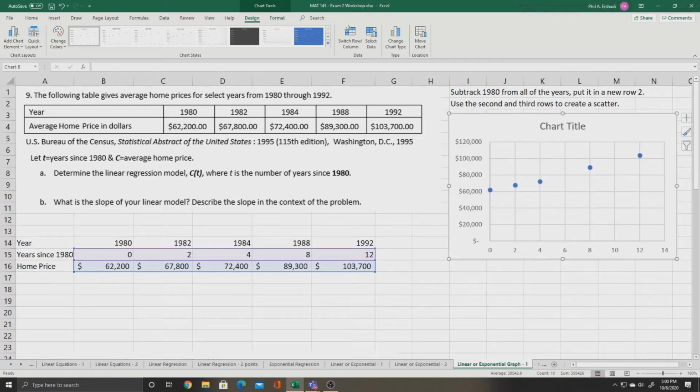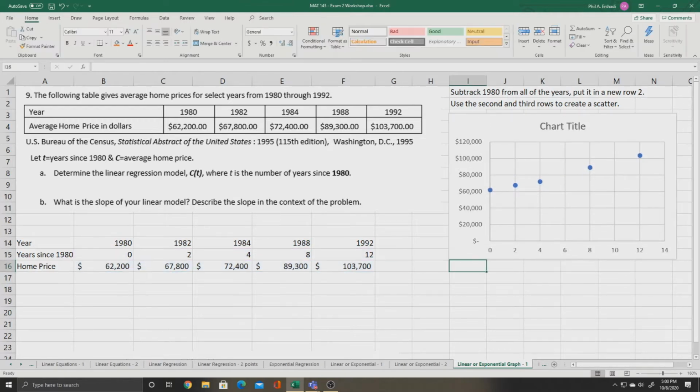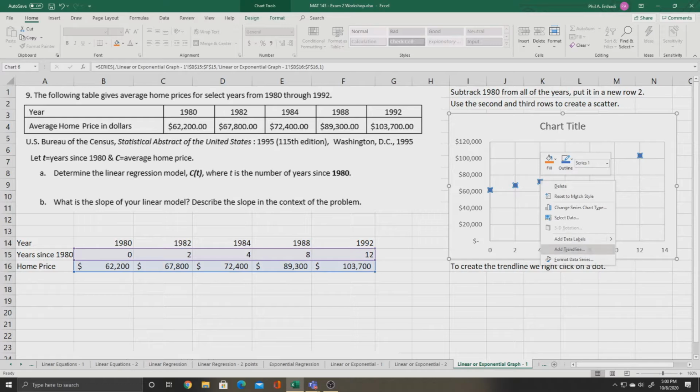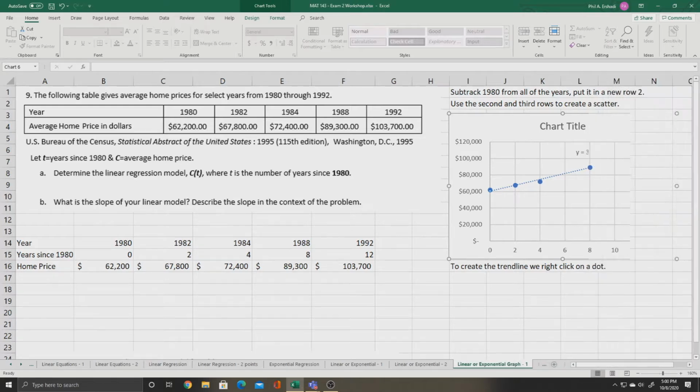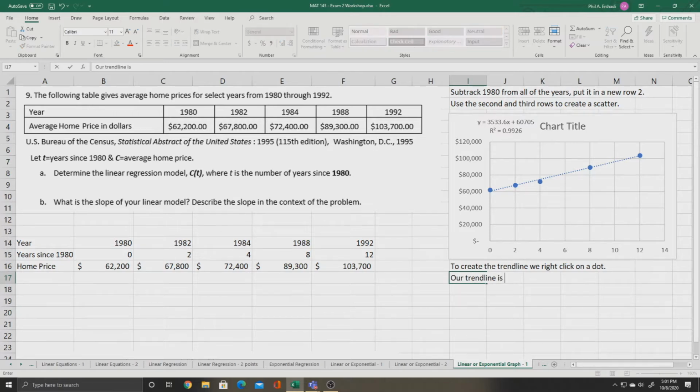Once again, to create the trend line, we right-click on a dot and say Add Trend Line. We can get the equation and the r squared from the options below. And our trend line is y equals 3533.6 times x plus 60705.